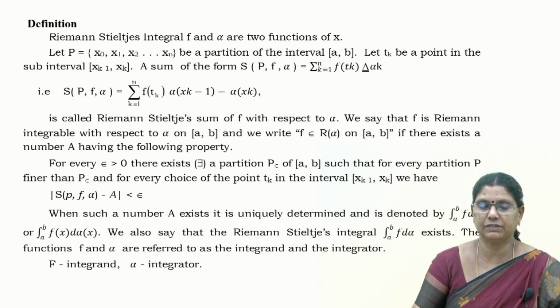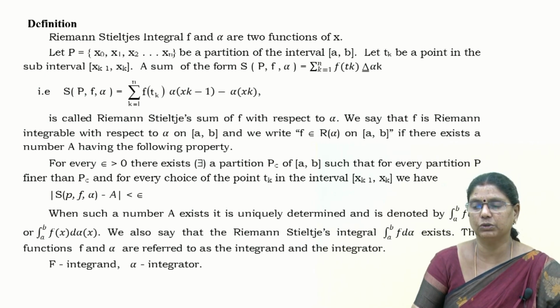So next, the definition of the Riemann-Stieltjes integral. f and alpha are two functions of x. Let P be a partition from x0 to xn of the closed interval [a, b], and tk be a point in the subinterval [xk-1, xk]. A sum of the form S(P, f, alpha) equals the summation of k from 1 to n of f of tk times delta alpha k.